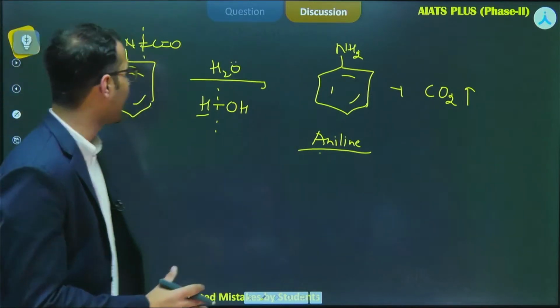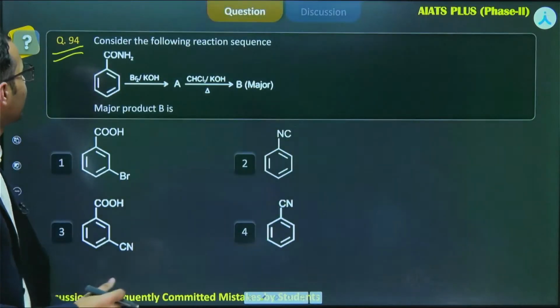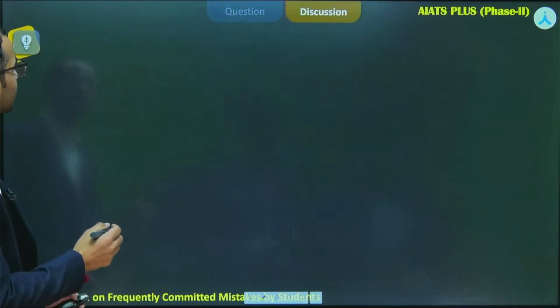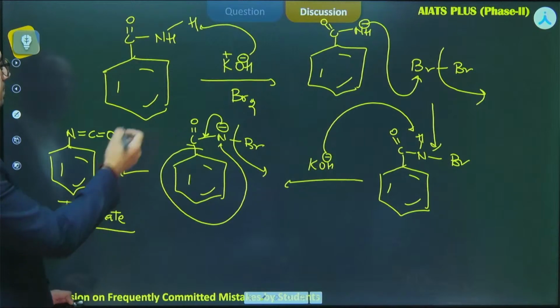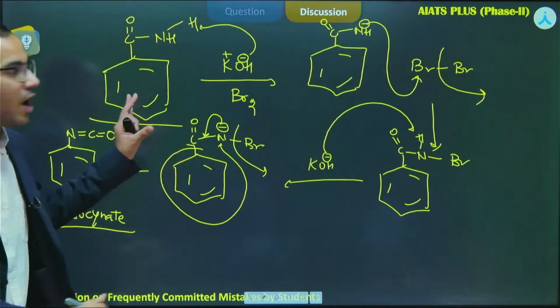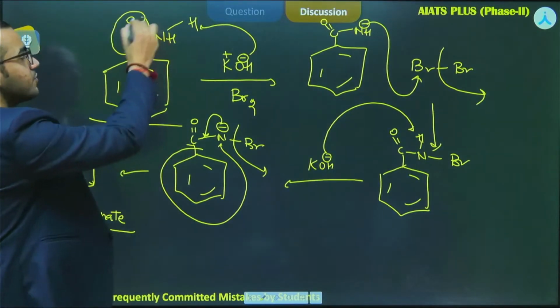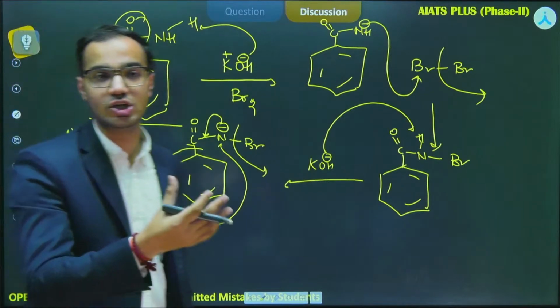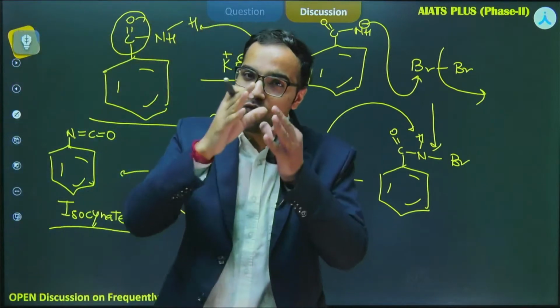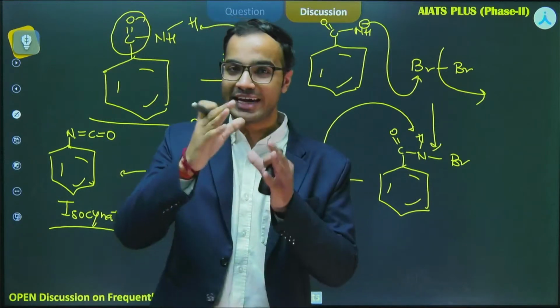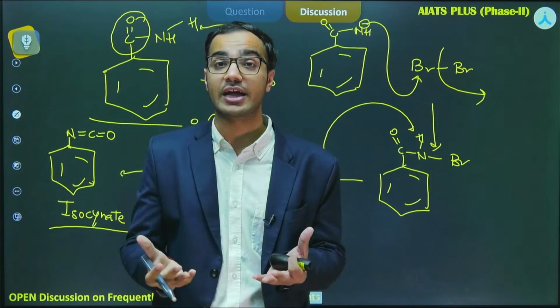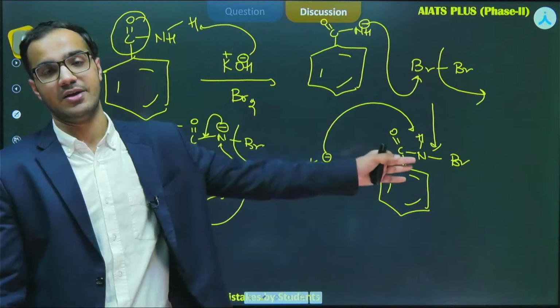And we can say that you are having, let us say, this compound, and there is a presence of CO group. Hofmann degradation. Degradation means there is a removal of one carbon, or it will degrade itself. And how can it be? Because of this method.